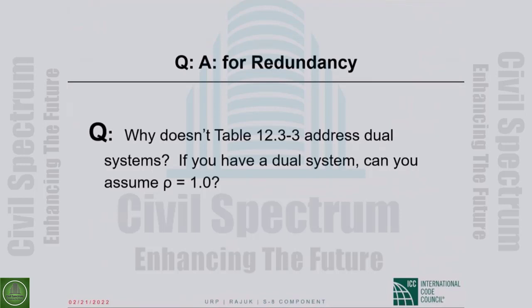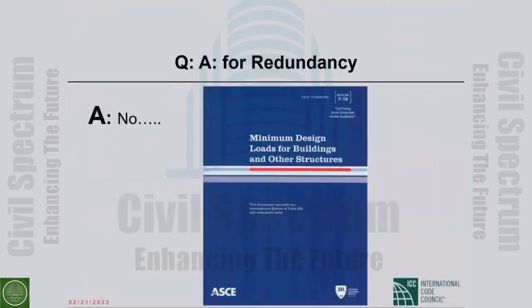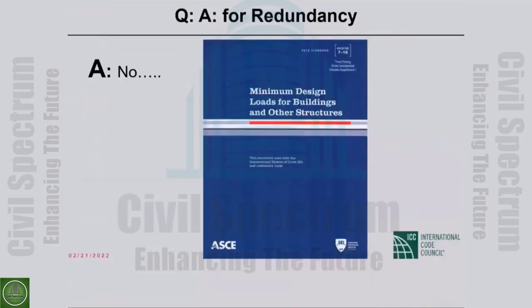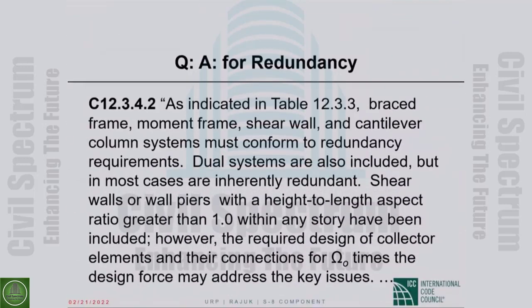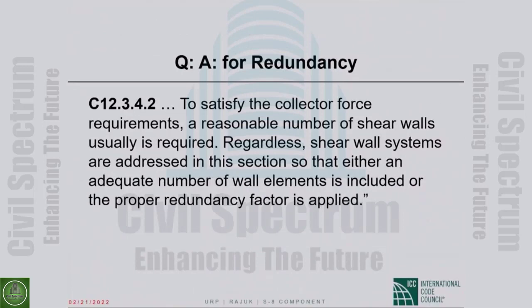Why doesn't the table address dual systems? If you have a dual system, can you assume rho is equal to 1? The answer is no. And ASCE 7 commentary explains why the answer is no. In the interest of time, I will not read the commentary. If you have any interest, I would strongly suggest that you read this slide and the next slide where the commentary ends.